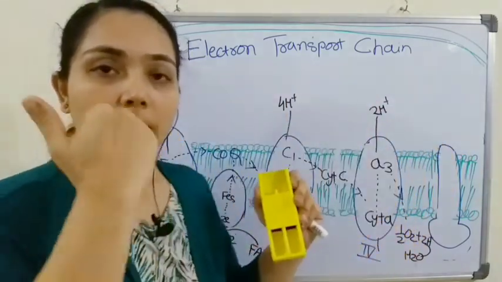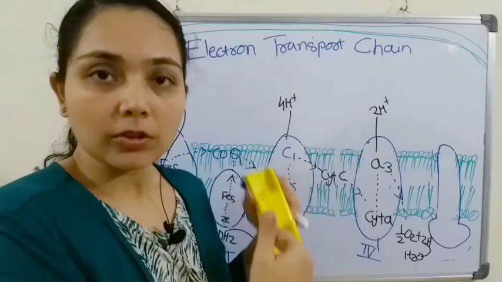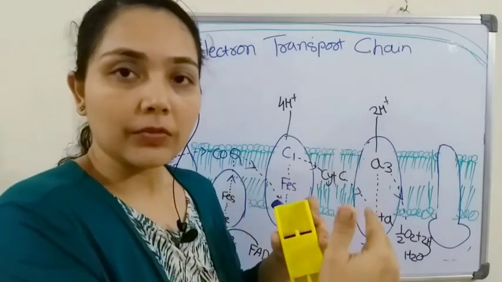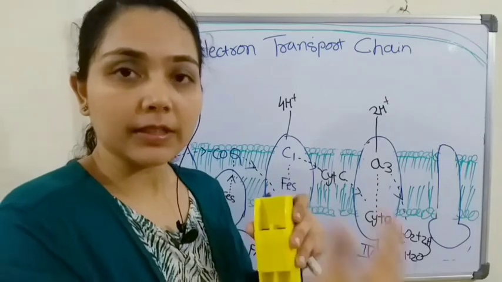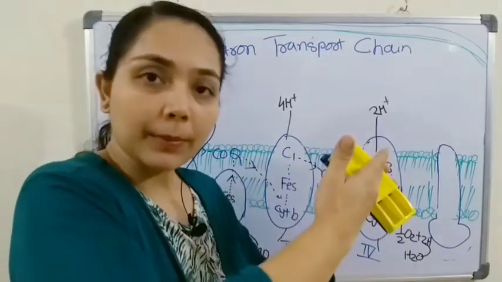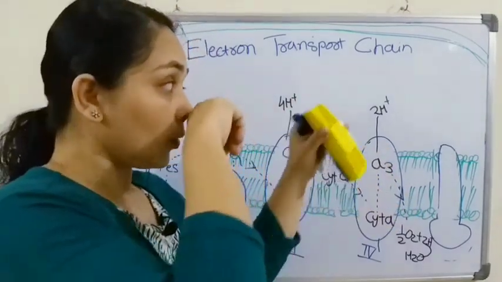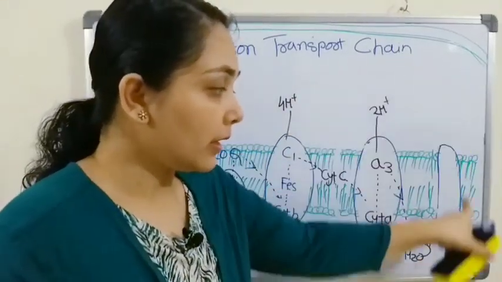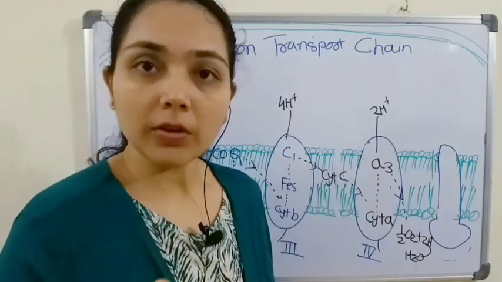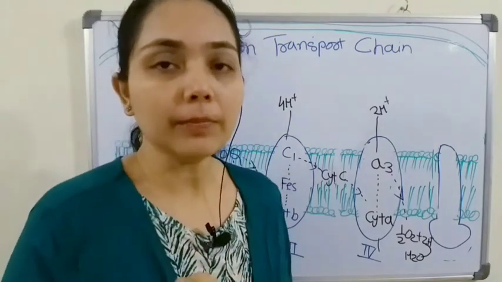This will ultimately result in the transport of protons from the matrix to the intermembrane space, and those protons will again come back into the matrix region and generate ATP. We had discussed that briefly.